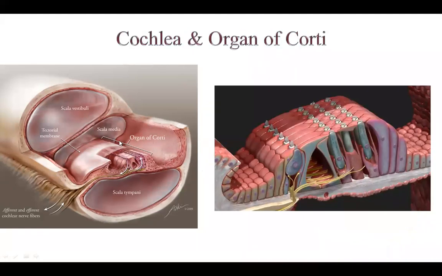Now this is the enlarged view of organ of Corti. Here you see there are so many cells which are organized properly. These green structures are the hair cells, which are the most important transducers, meaning they convert the mechanical energy into electrical energy. And all these hair cells have nerve supply.